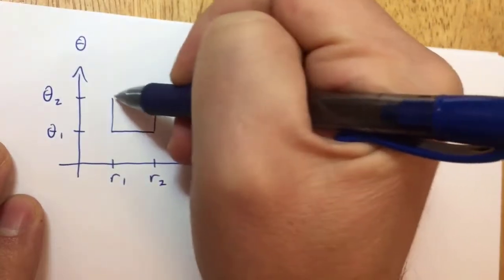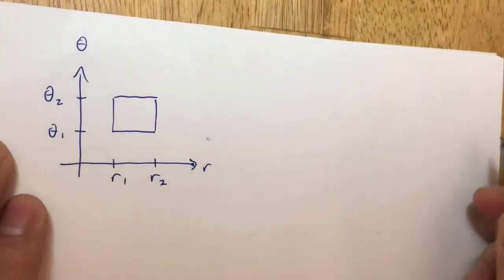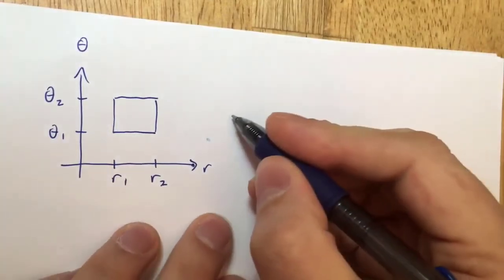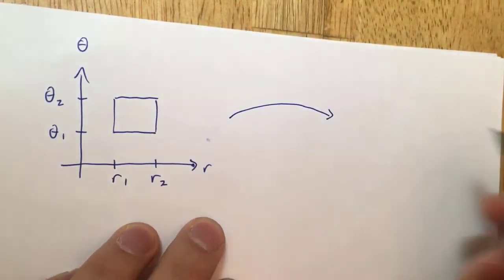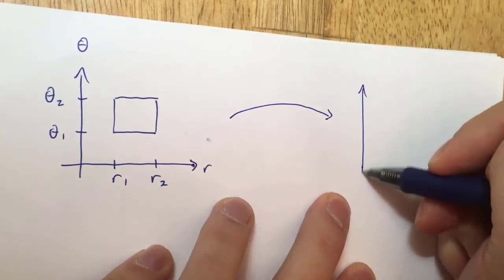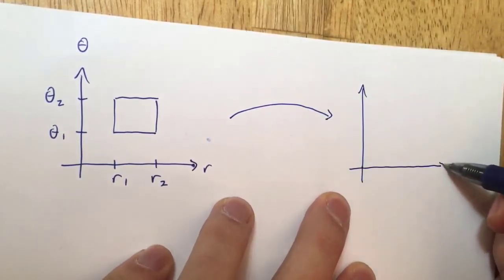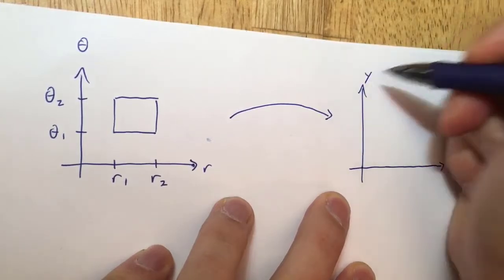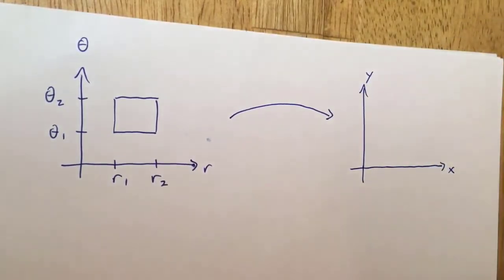Right there it is, a little rectangle. And I'm going to transform this into Cartesian coordinates, or it could be any coordinate system, but let's imagine Cartesian coordinates for this particular example, and see what this becomes.